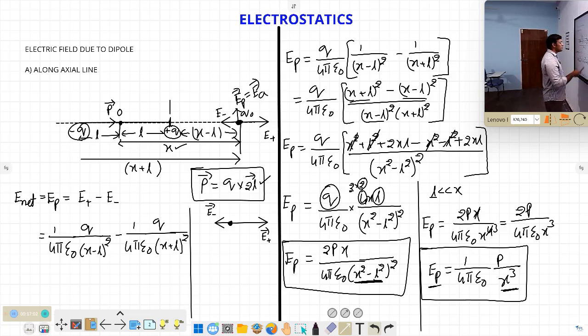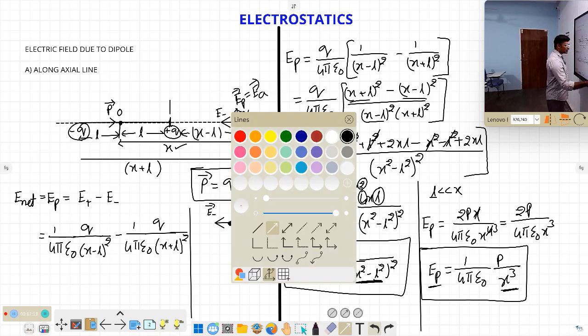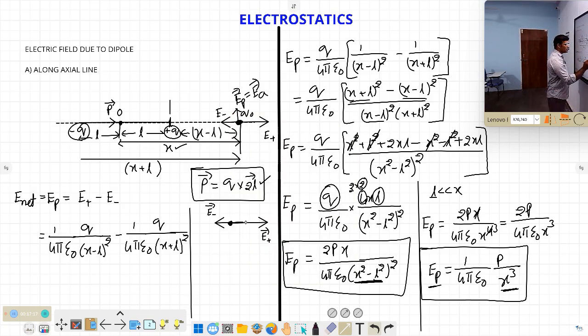If you observe, E plus is near and E minus is far. That means the E plus value is more and the E minus value is less. That's why the resultant of these two you will always get in this direction. This is the direction of the axial electric field.